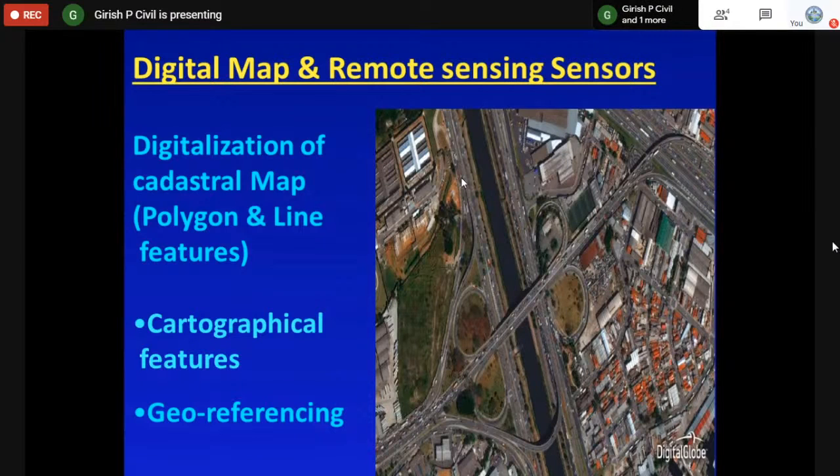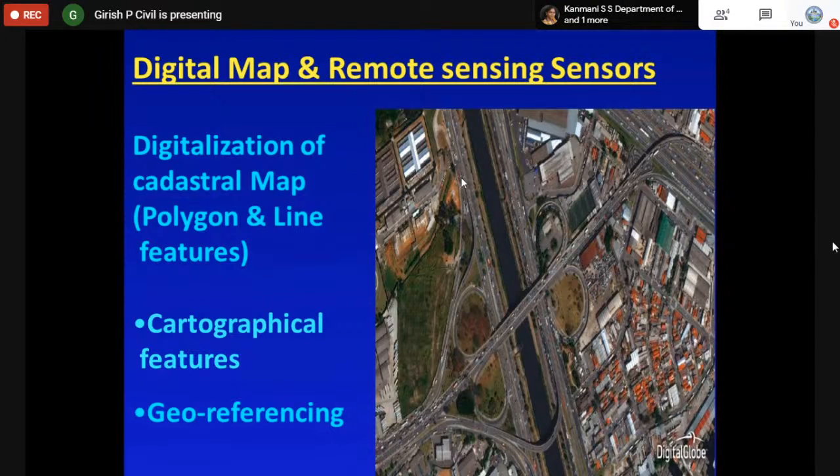After drawing all the features and representing them with colors, the cartographical features are inserted. In these cartographical features, depending on what type of objects or entities are in that particular area, we create a small tree, big tree, a symbol for a temple, borewell, church, etc. So all are created and inserted.